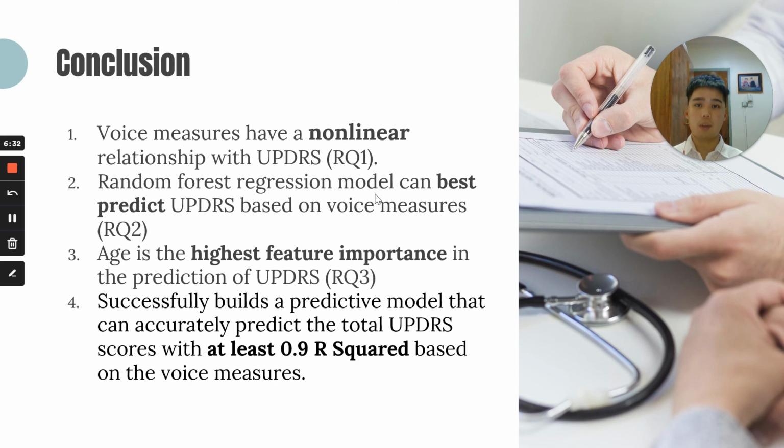The random forest regression model can best predict UPDRS based on Watts measures. And also, age has the highest feature importance in the prediction of UPDRS. And overall, we successfully built a predictive model that can accurately predict the total UPDRS score with at least 0.9 R-squared. And our aim in this project is achieved.